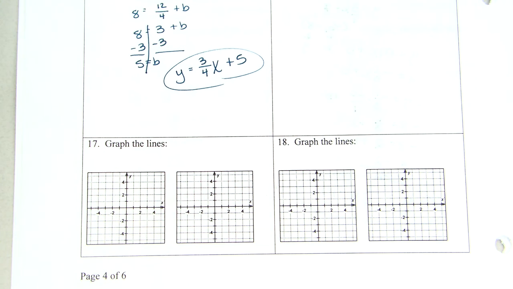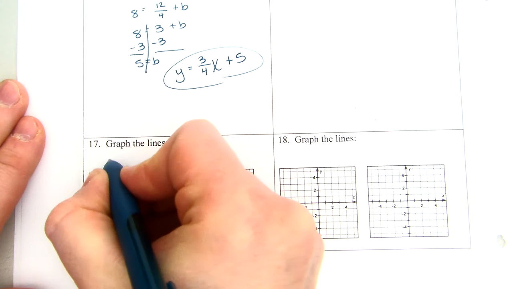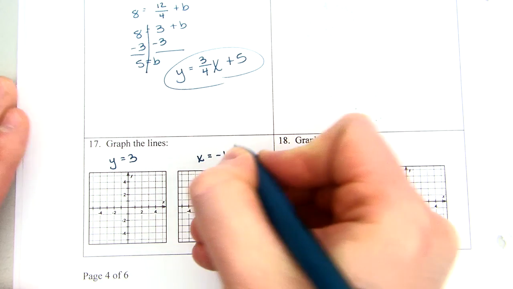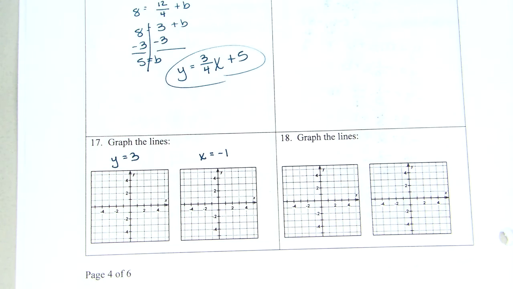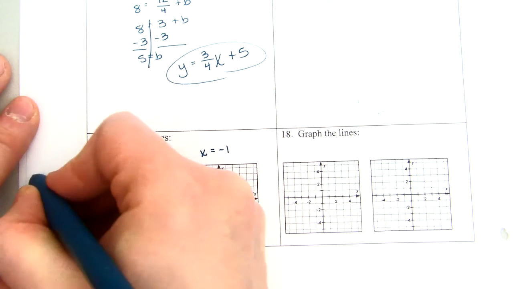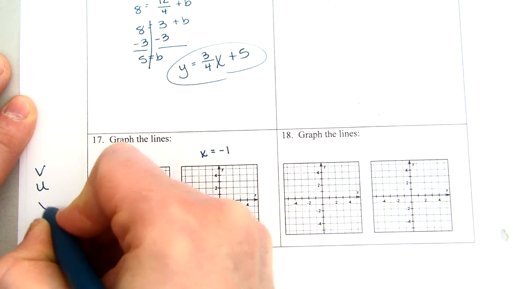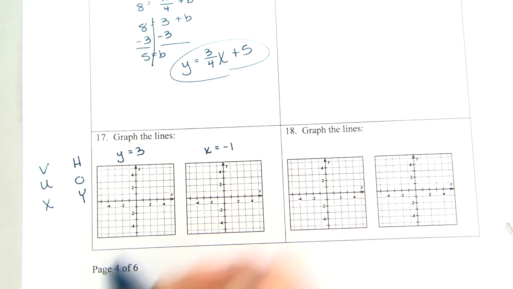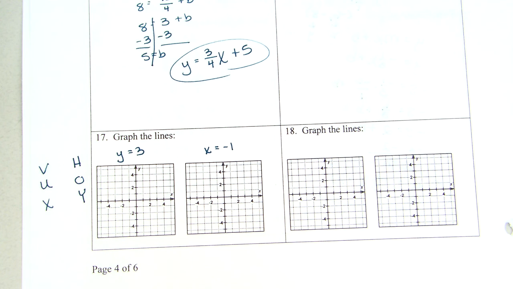Graph the lines. Y equals 3 and x equals -1. We're doing this together. Do you remember Vux Hoy? Does that sound at all familiar?